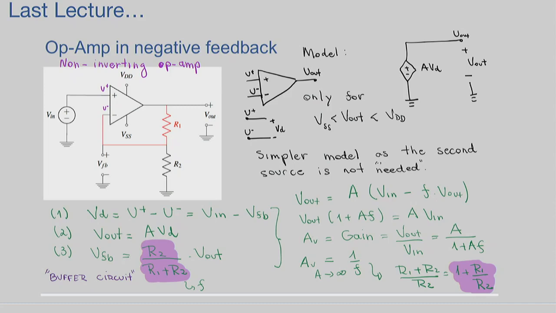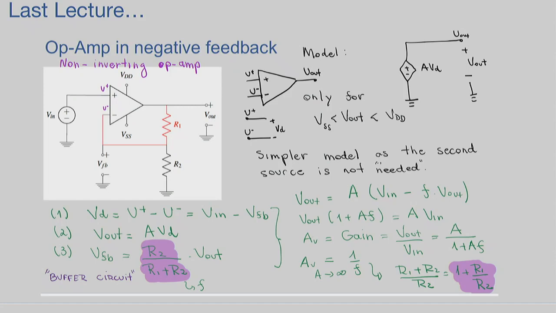In our case, we wanted something compatible with the DAC, which had voltages from 0 to 3.3 volts, and we wanted to feed that signal to the speaker, which was 0 to 10 volts. So anything between 0 and 10 would be good for the speaker.